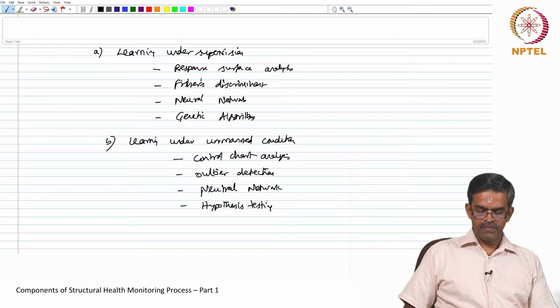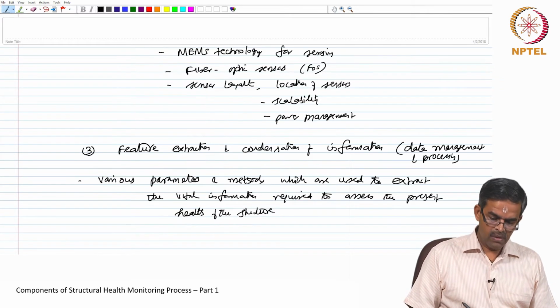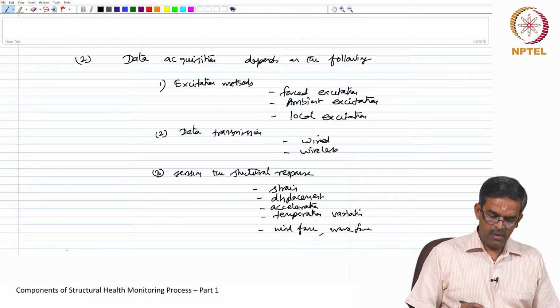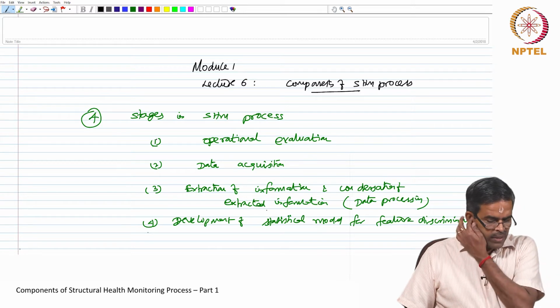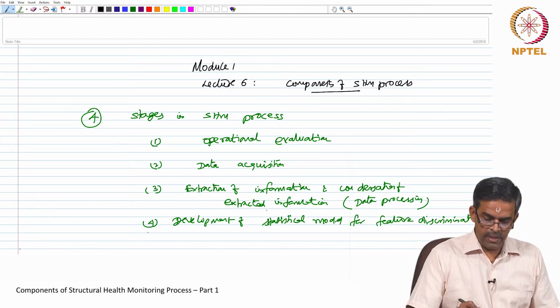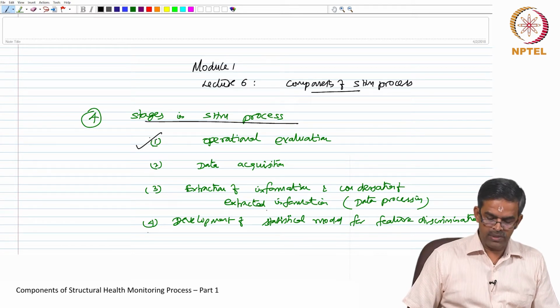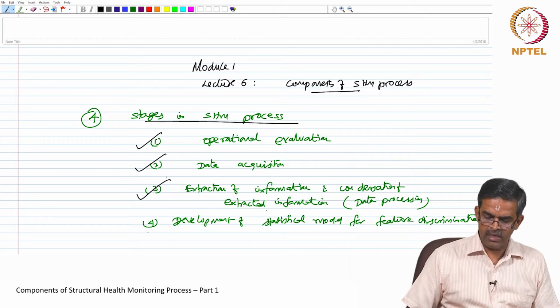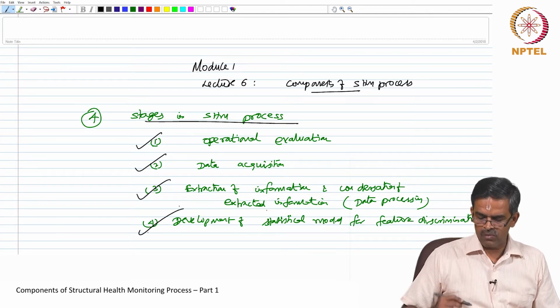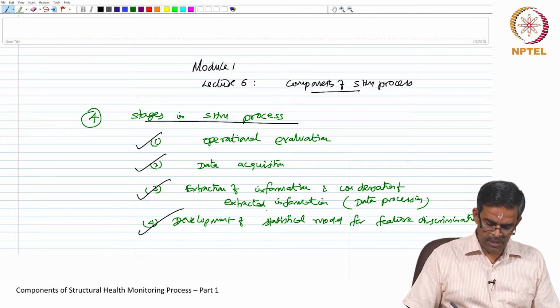So, friends, we have seen different stages in SHM process which deals with operational evaluation, acquisition, extraction of information or data processing and management, and fourth will be the development of statistical model for feature discrimination.